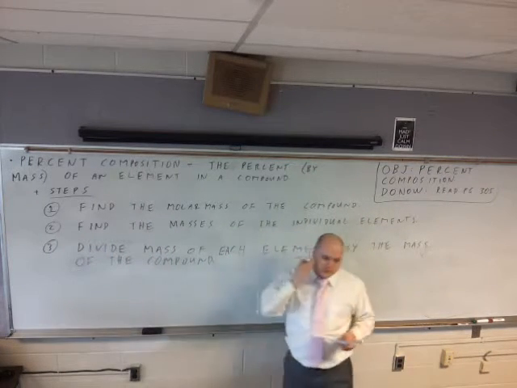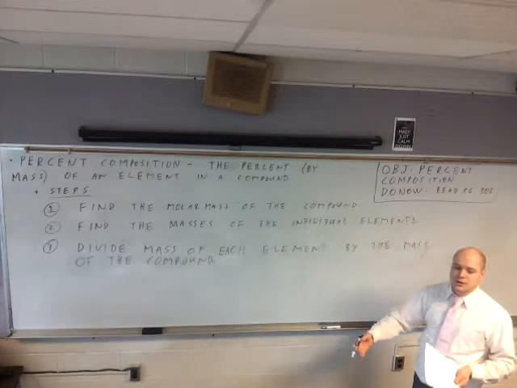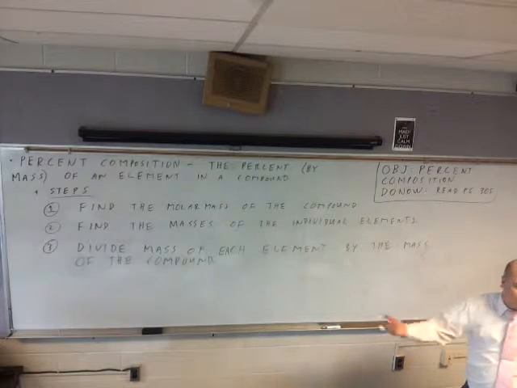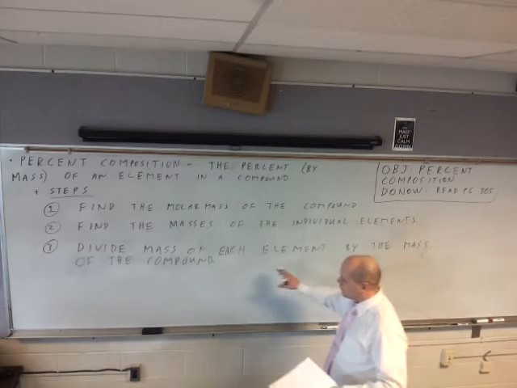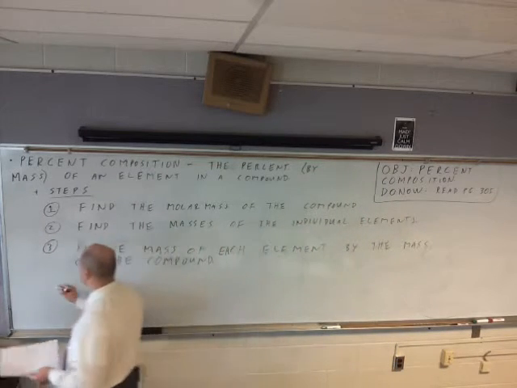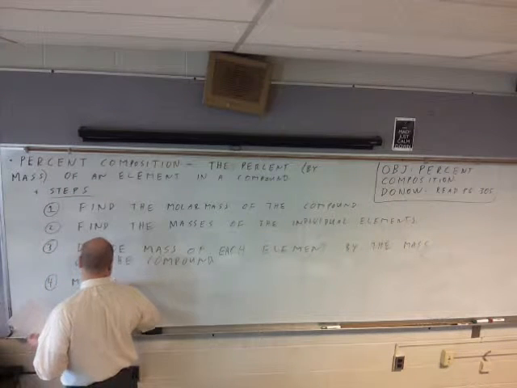Really, if I asked you to try and figure this out on your own, this is probably what you would think to do. Divide the mass of the oxygen by the mass of the total compound. That'll give you what part of it is oxygen, right? But since people don't like decimals, because we could just stop here, we have to multiply by 100 to turn it into a percent.